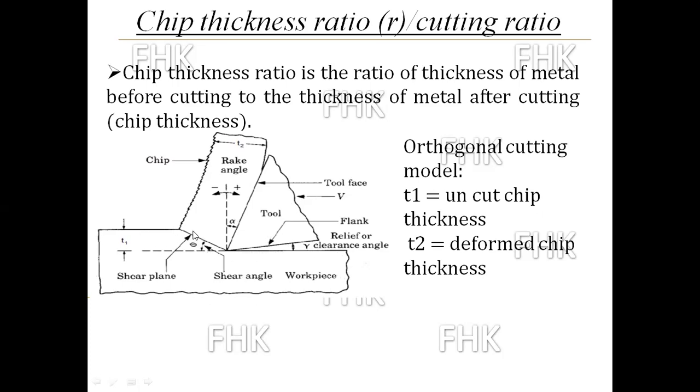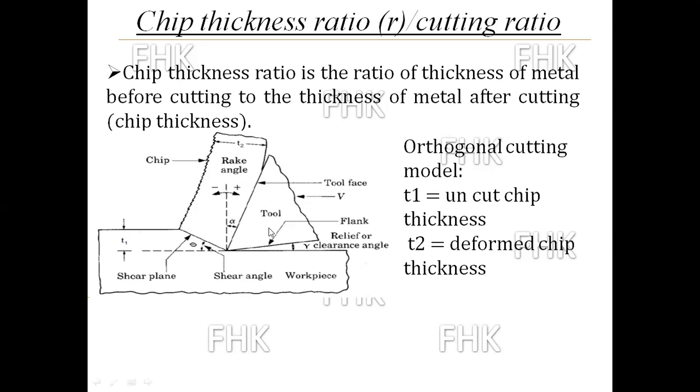This is workpiece material and this is tool. And the rake angle of tool is denoted here by the letter alpha. So when the tool advances into the workpiece, the material in front of the tool gets deformed, which is removed from the workpiece material in the form of chip.